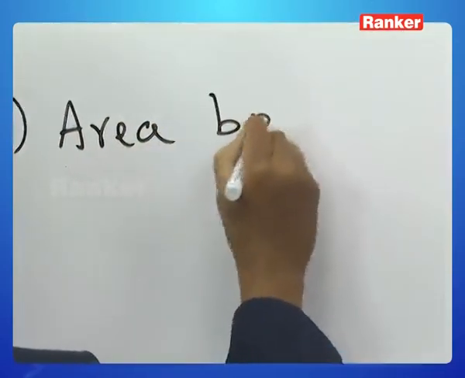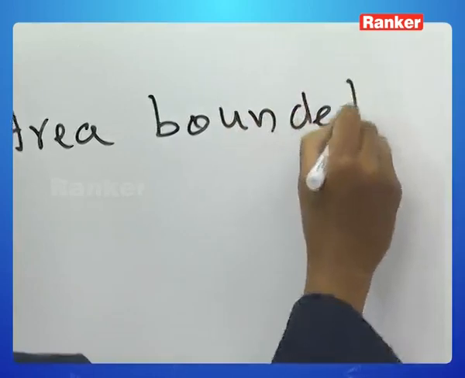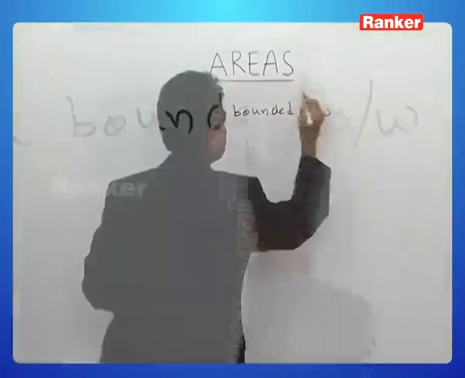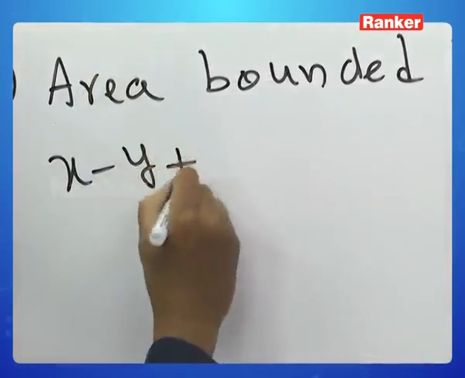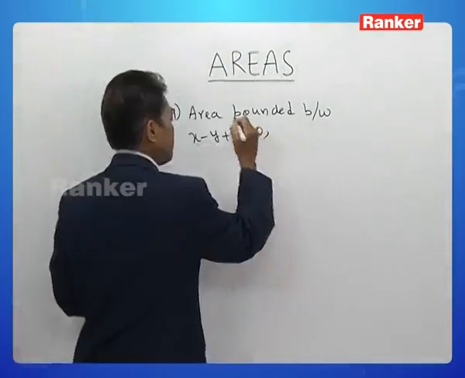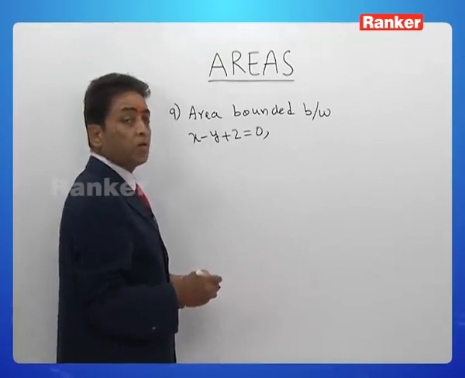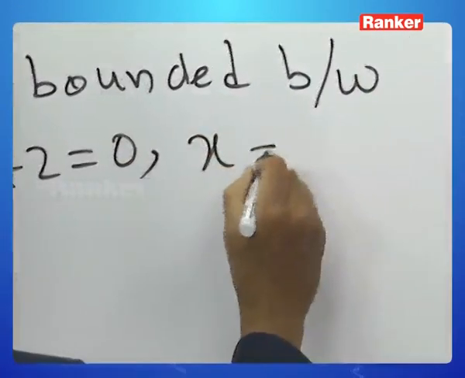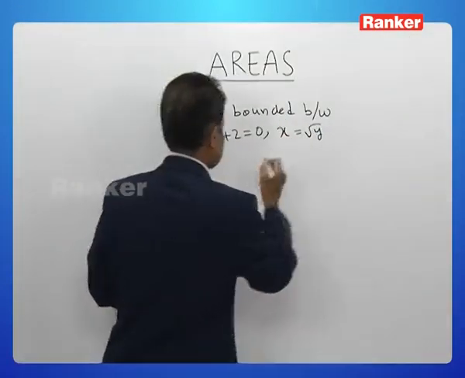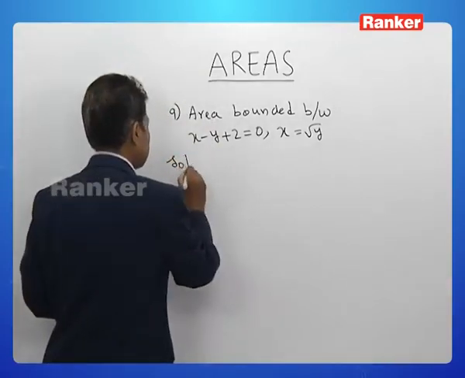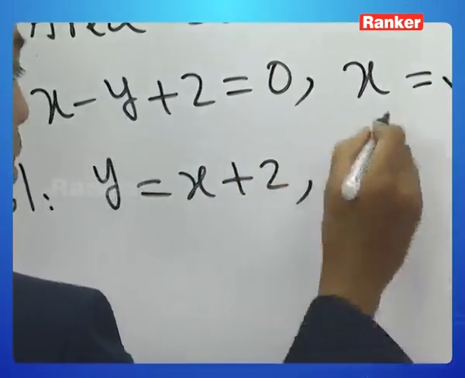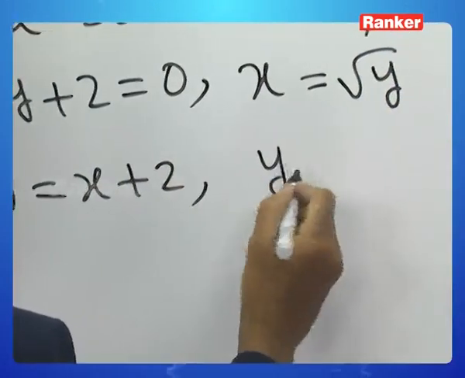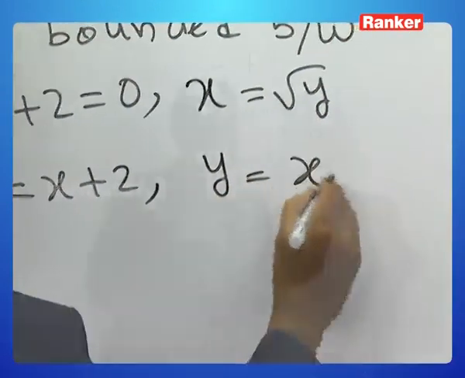Area bounded between the line x minus y plus 2 and the parabola x is equal to root y. So, this is nothing but vertical parabola. Y is equal to x plus 2 and y is equal to x square.